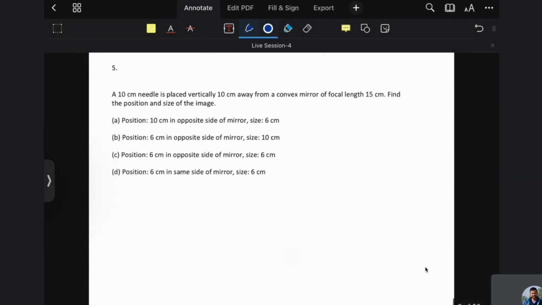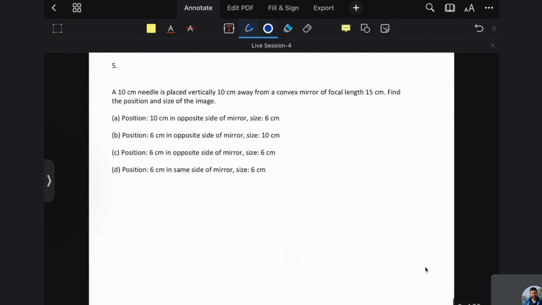Now, fifth problem. The fifth problem we have is a 10 centimeter needle placed vertically 10 centimeter away from a convex mirror of focal length 15 centimeter. So here we have a convex mirror, silvered like this.